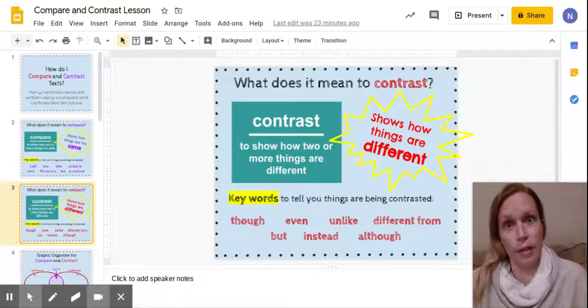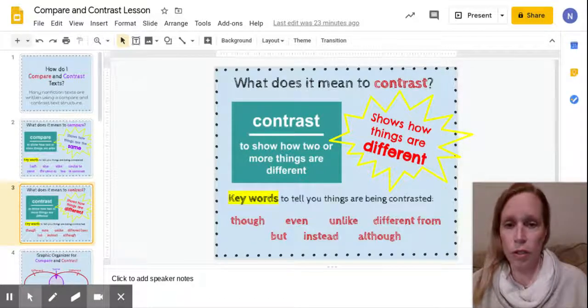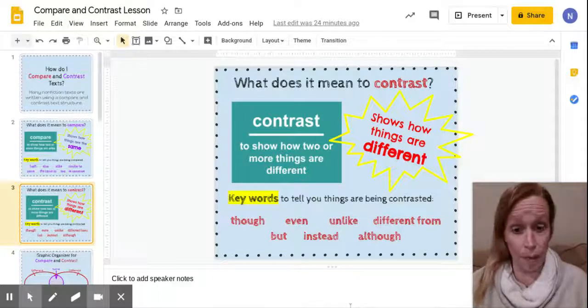They show how things are different. So keywords would be though, as in we both go to Mount Arlington School, though I teach and you learn. Even, unlike, different from, but, instead, or although.